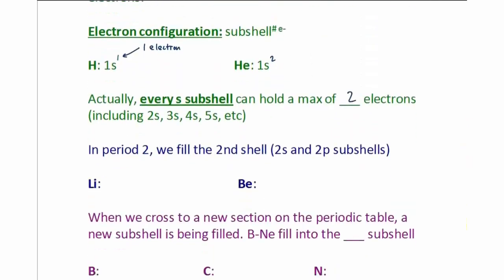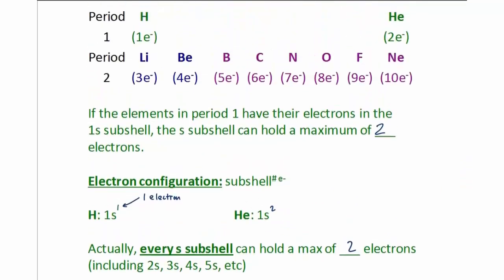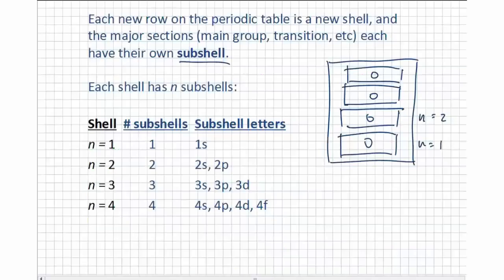So when we get to period 2, we have to start putting electrons into the second shell because the first shell is full. So lithium, with its 3 electrons, if we write out its electron configuration, we have to build up from the bottom, thinking about how I am going to fit 3 electrons into these places.